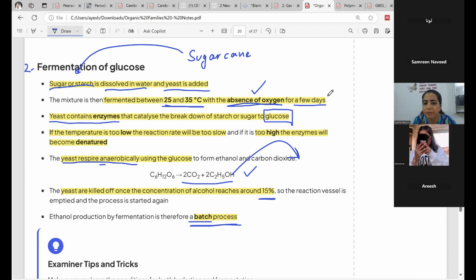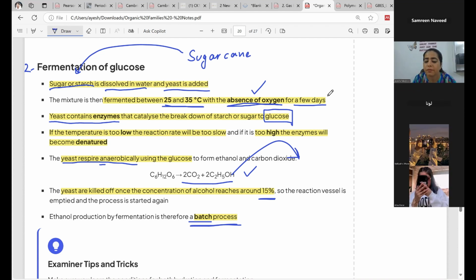Miss, so basically, for the fermentation of glucose, we just need batches to prepare it, right? Yes, we have to do this in batches, in steps, again and again. If we do not do batches, then the fermentation of glucose will not be done. If we are not going to stop the reaction as soon as there is 15% product, the yeast enzyme will get killed and the reaction will stop.